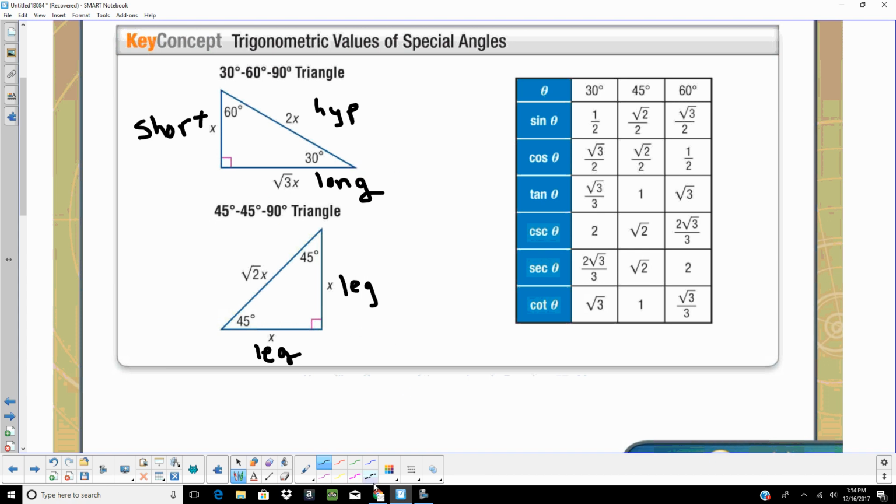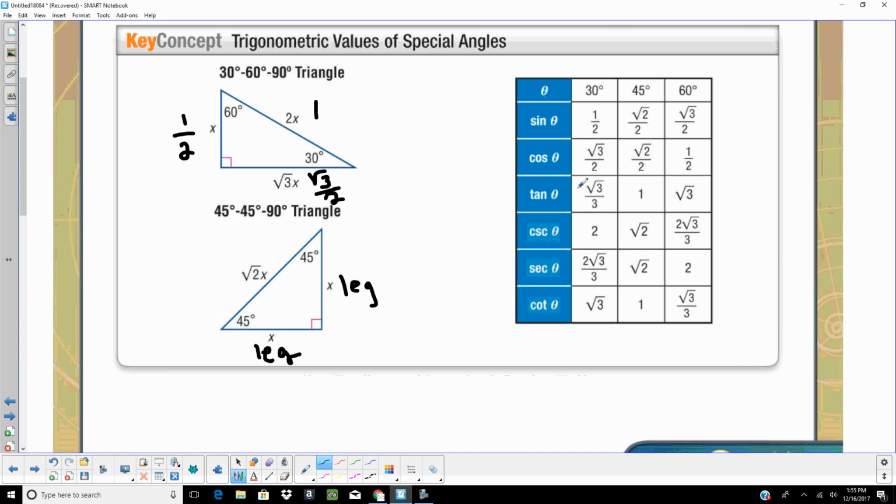So if I said my short side is 1/2, and then I doubled that, that would make this side 1. And if I multiplied that by radical 3, I'd get radical 3 over 2.